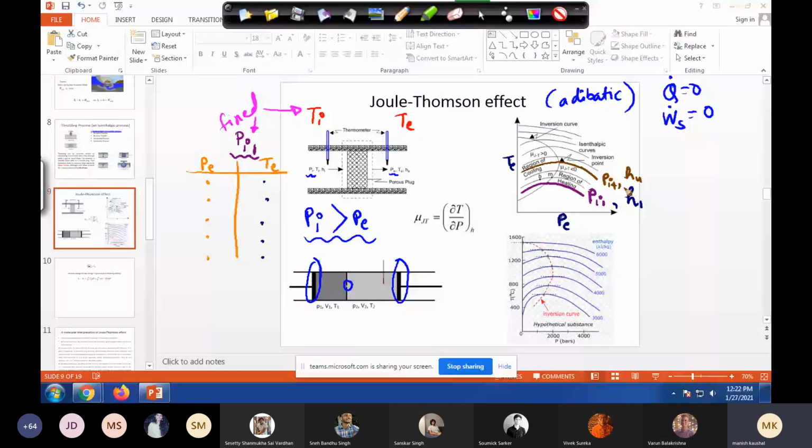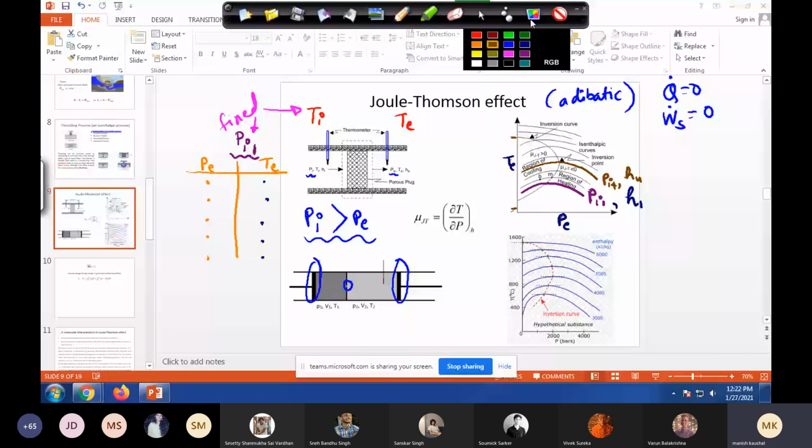Now the experiment tells us that in some particular region, let's say from here to here, this curve looks non-monotonic. It passes through a maxima, and that point is called the inversion point.